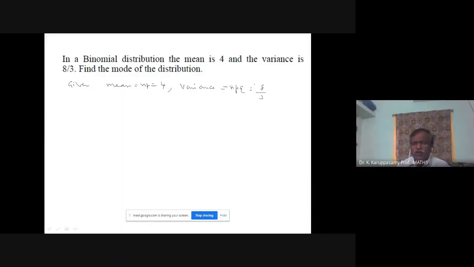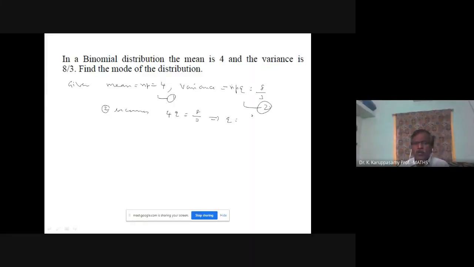First, we will find the n value and p value from these two equations. First equation, np equal to 4. Substitute np equal to 4 in the second equation: 4q equal to 8 by 3.